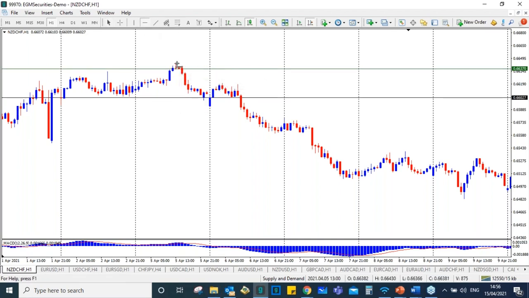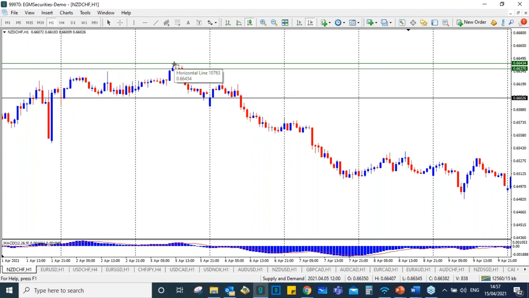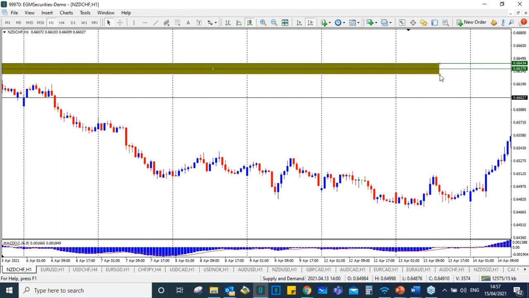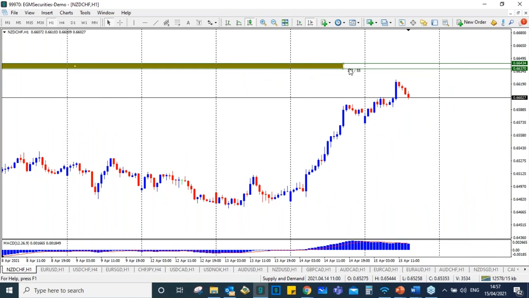Then our distal line will be based on the peak. Once we've drawn that, we can shade that region in order to mark it as your supply zone. And we will extend this line into the future.